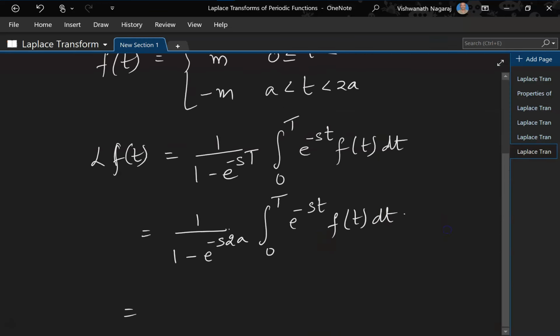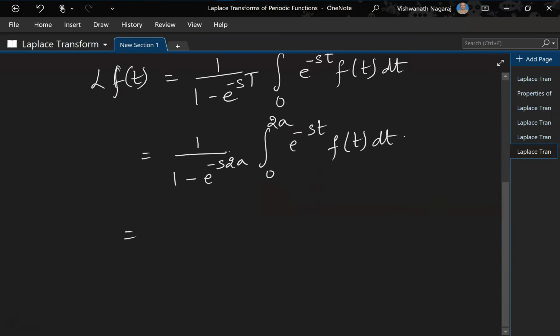So what we have done here is, this T is 2a, so 0 to 2a. But since it is discontinuous in nature, we can split this integral into two parts, 0 to a and a to 2a.